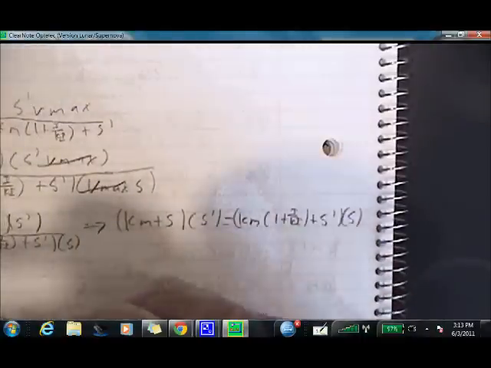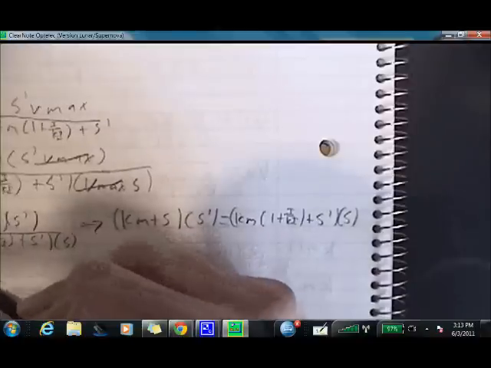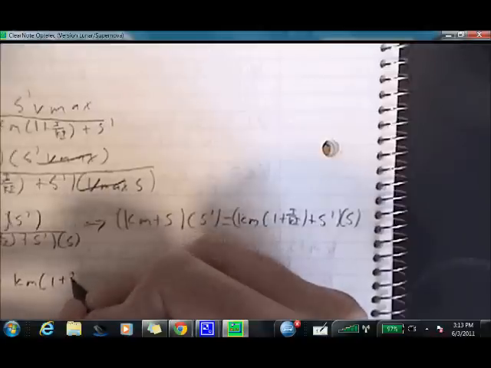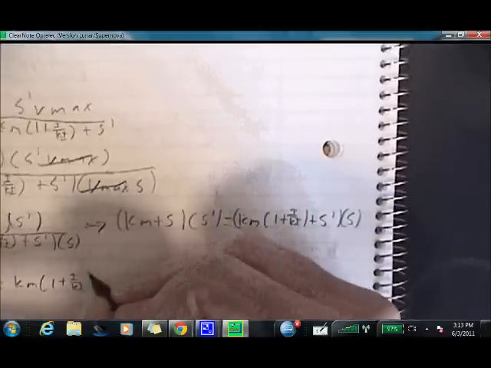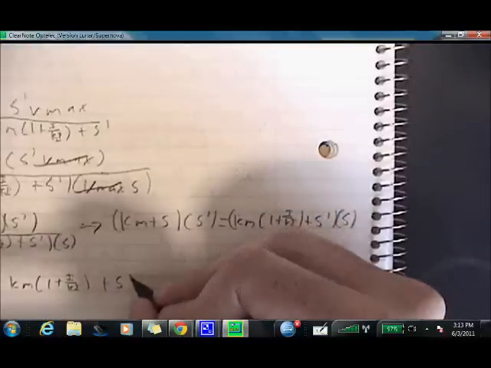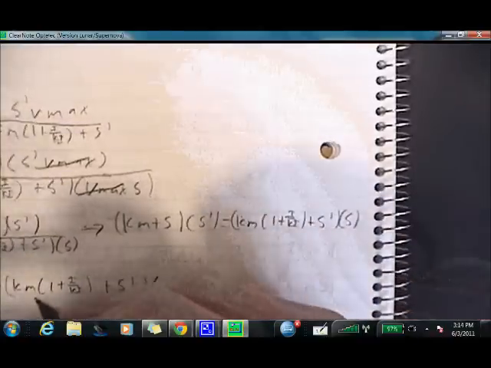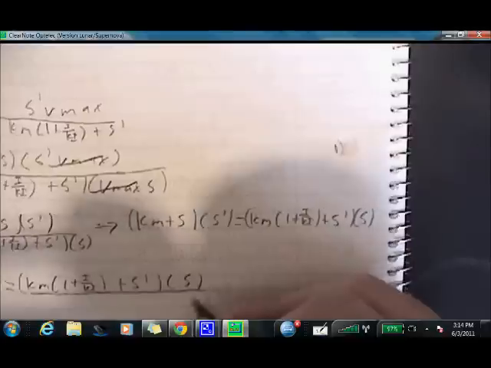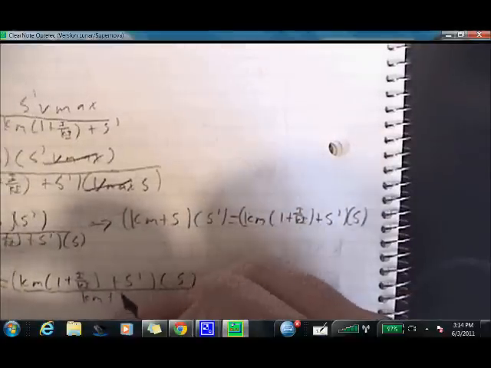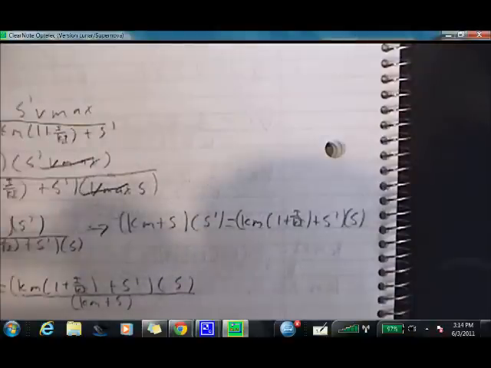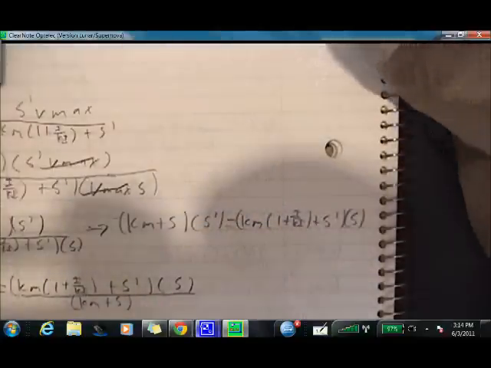And so now we're going to have S prime equals Km 1 plus I over Ki plus S prime S, divided by Km plus S. Okay, so now what can we do? Just going to double check something, I'll be right back.